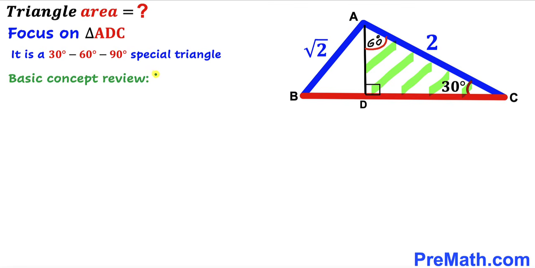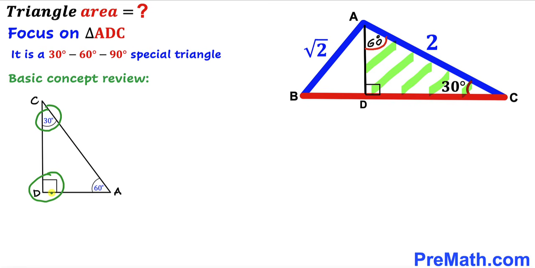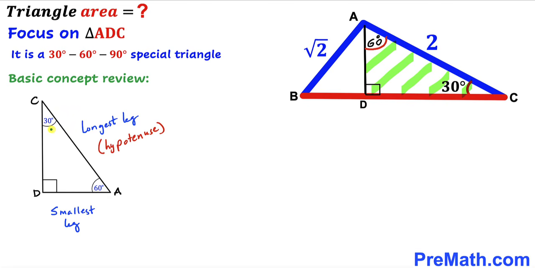Before we proceed any further, let me go over the basic review. Let's focus on this 30, 60, 90 special triangle ADC. Here 30 degrees is our smallest angle, whereas 90 degrees is our largest angle. So the side opposite the smallest angle is going to be our smallest leg, whereas the side opposite the largest angle is going to be our longest leg, which is also called the hypotenuse.